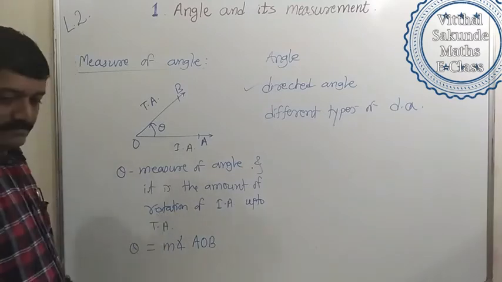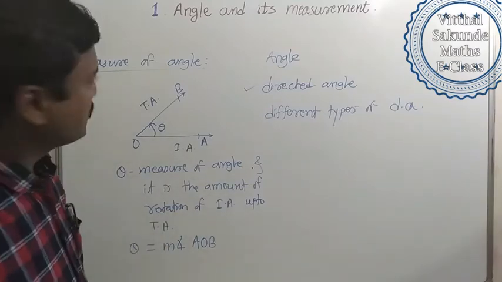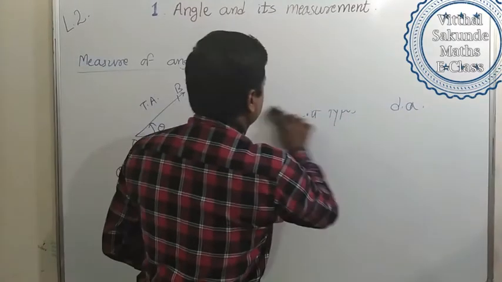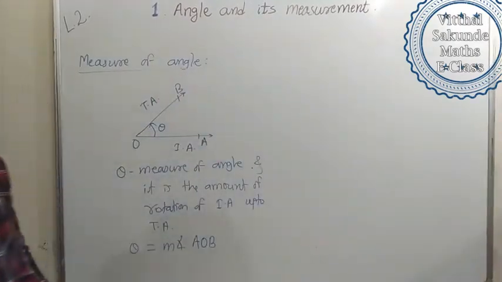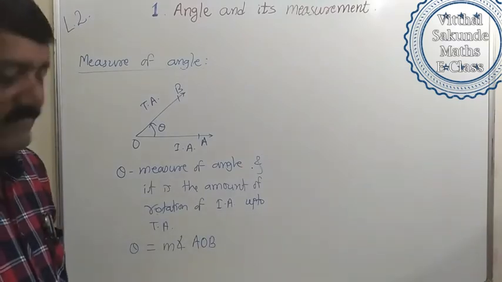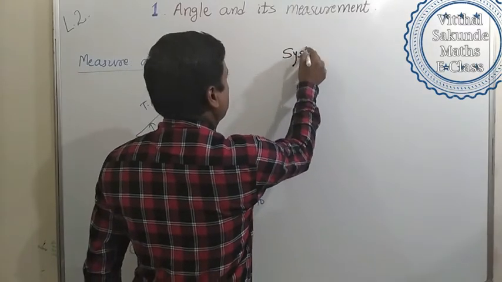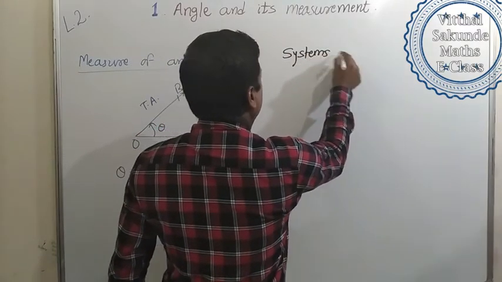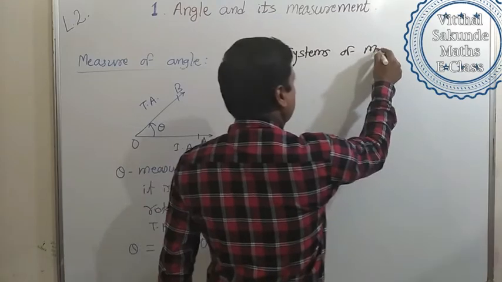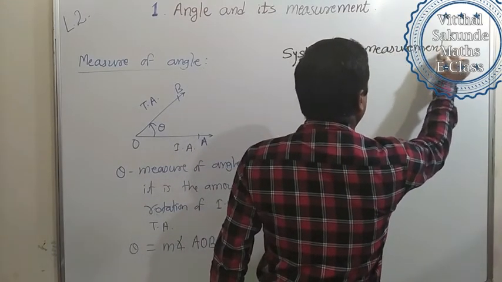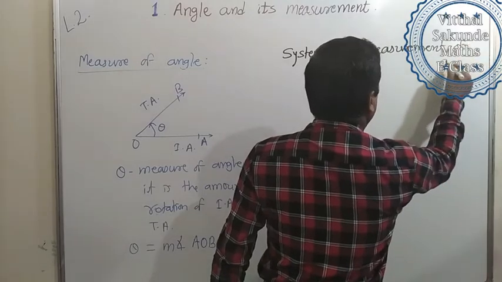Now let us see the systems in which we measure the angle. There are two systems of measurement of angle.